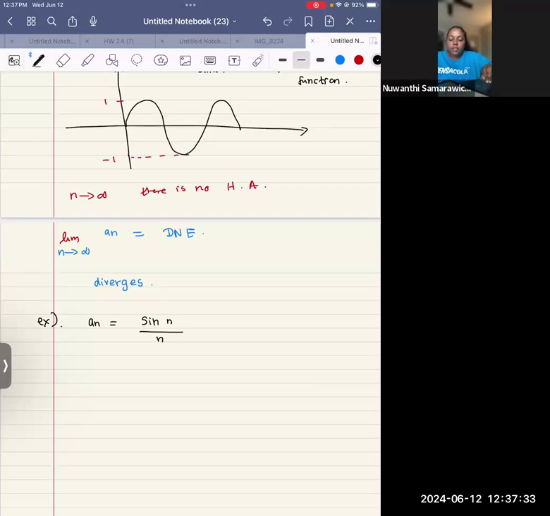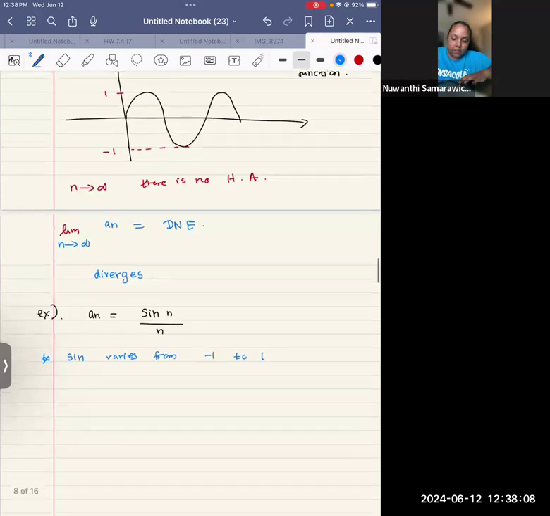Now we are going to check whether this sequence diverges or converges. We learned from the previous example, and let's do this because I want to introduce a new concept. Here we saw sine oscillates between 1 and -1. So sine varies from -1 to 1.